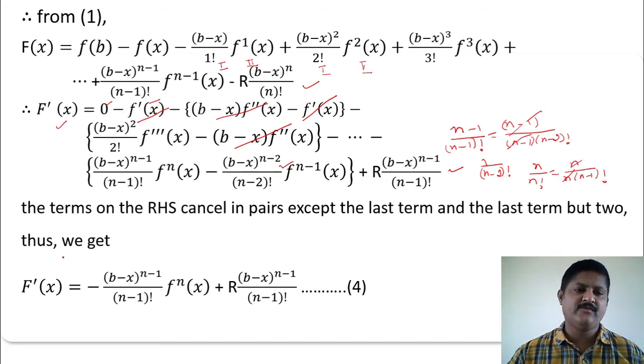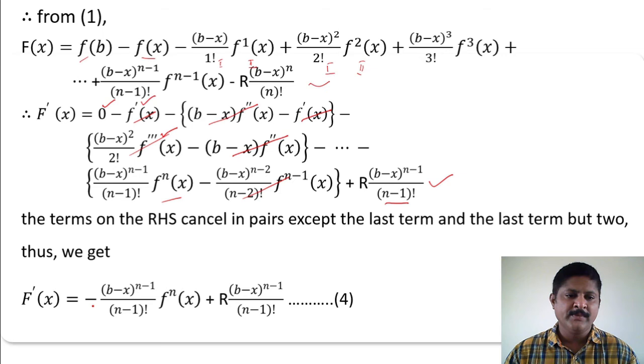Therefore F dash of x equals minus of (b minus x) whole power n minus 1 divided by n minus 1 factorial into fn of x plus R into (b minus x) whole power n minus 1 divided by n minus 1 factorial. Call it as equation number 4.